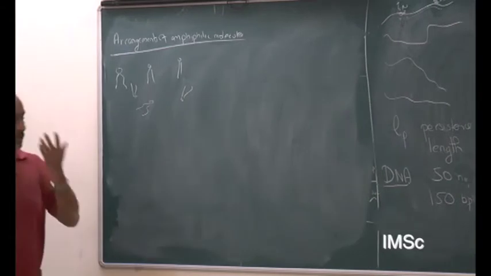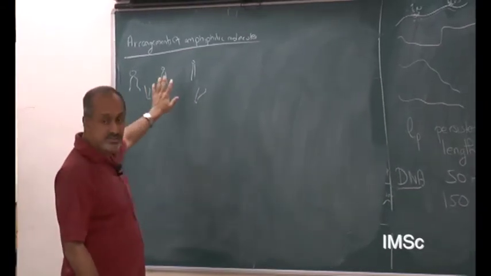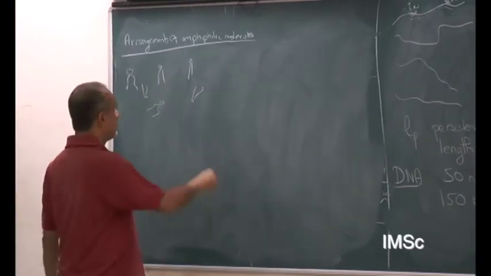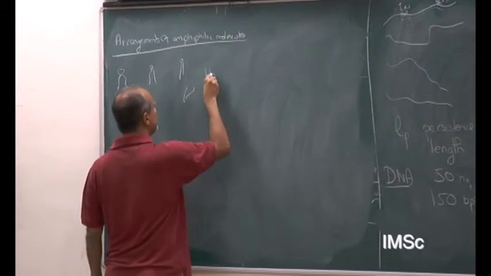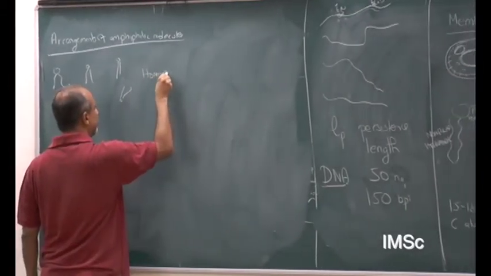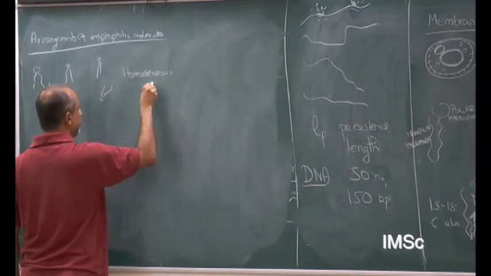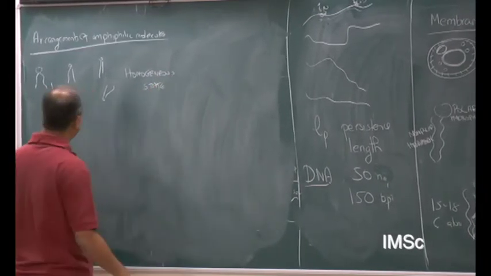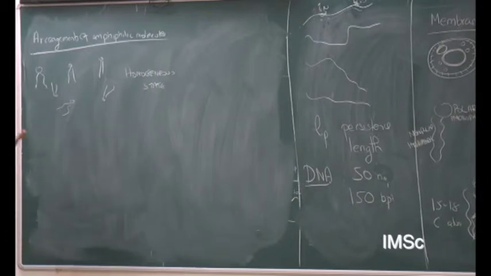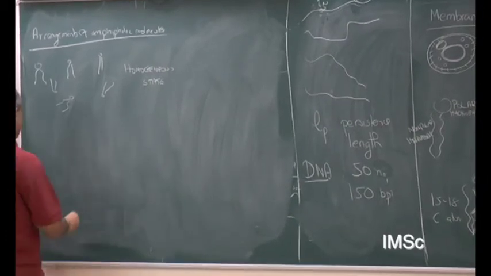If the density is low enough, this is always a preferred state, the homogeneous state. As I increase the density, these can begin to organize in interesting ways.